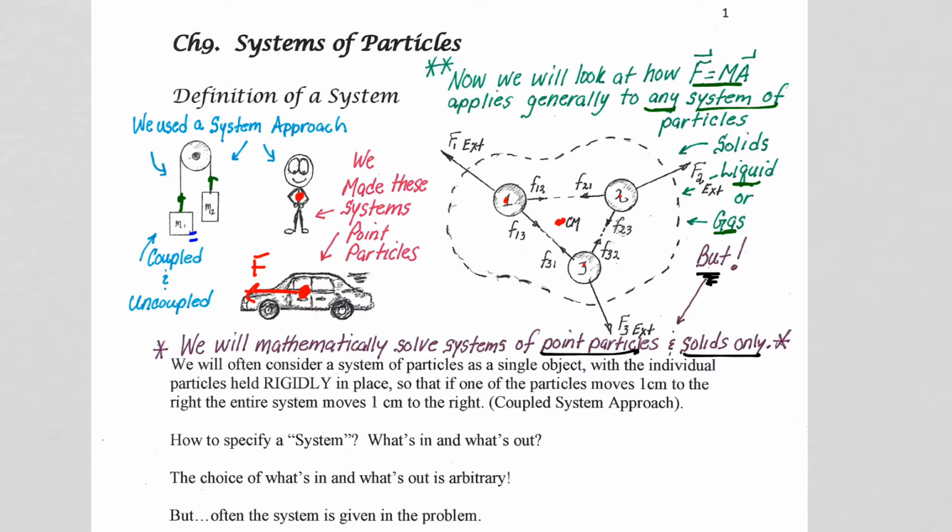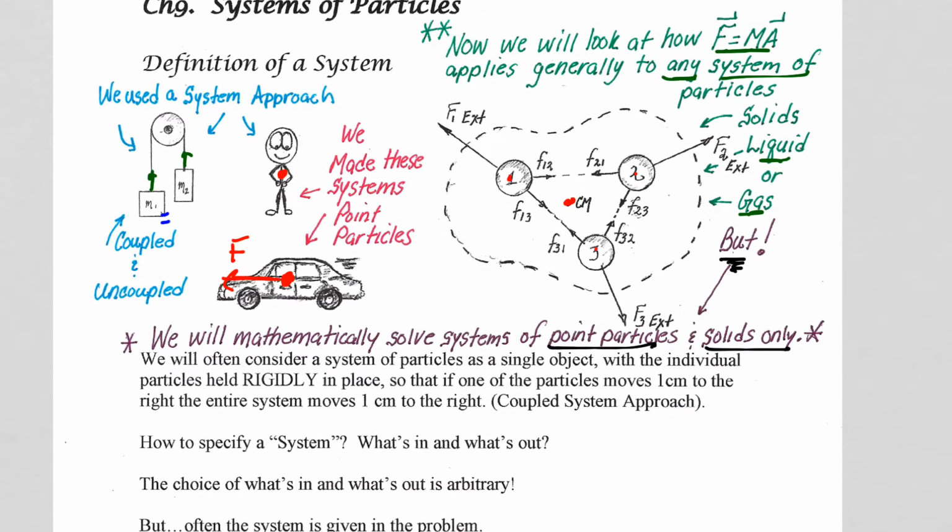Now we're going to be talking about our internal forces, like the tension in the string holding those blocks together. All of these internal forces will be the glue holding the system together, and they will never conspire to just move the object. So you always have to have external forces if you're going to have the object actually translate left, right, up, or down.